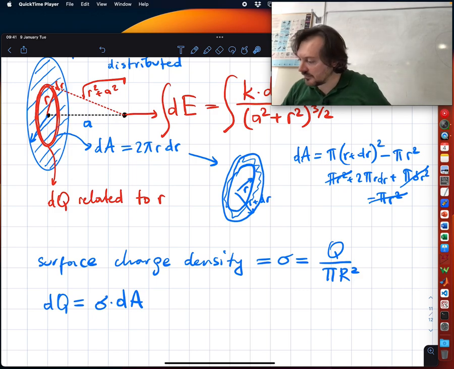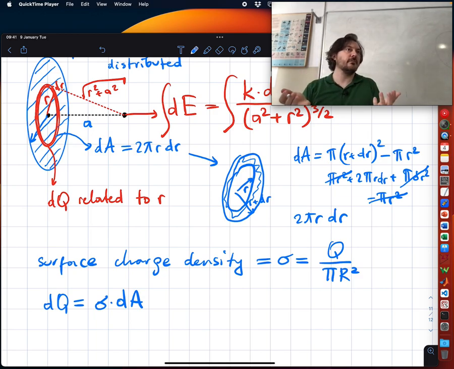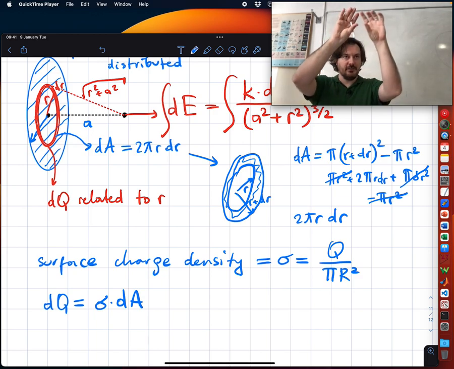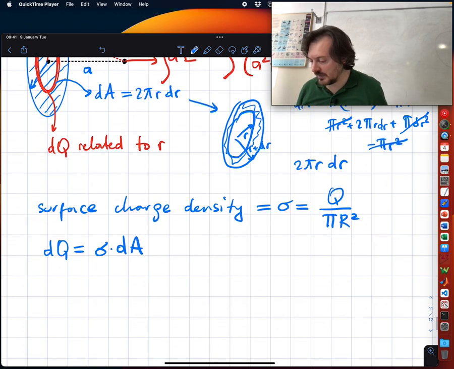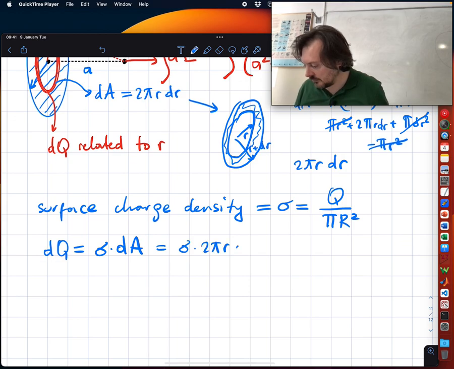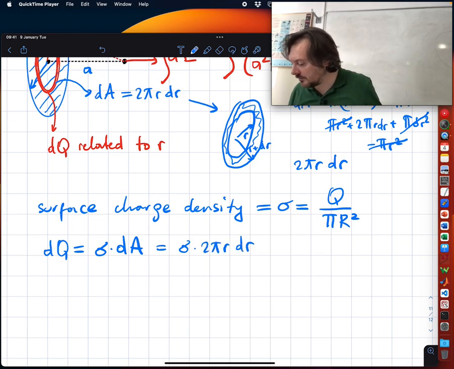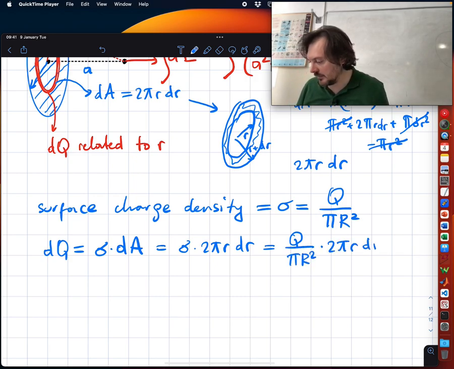So the length of the ribbon is 2 pi r, and the thickness is dr. That's another way of thinking about the area of that ring. In any case, dA is 2 pi r dr. And what is sigma? It's Q over pi r squared, times 2 pi r dr.